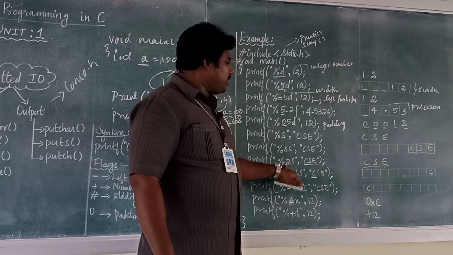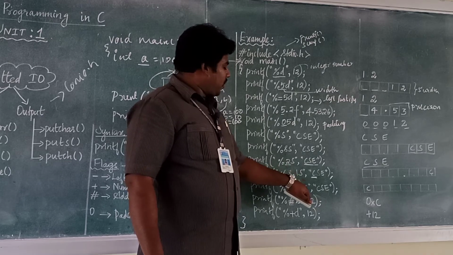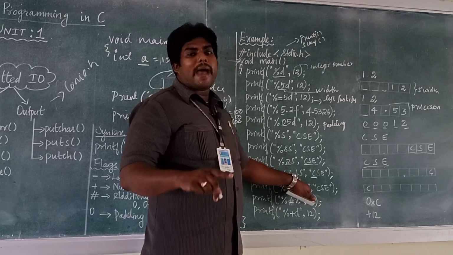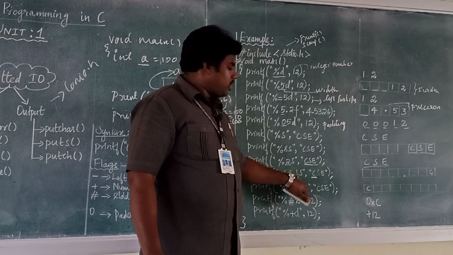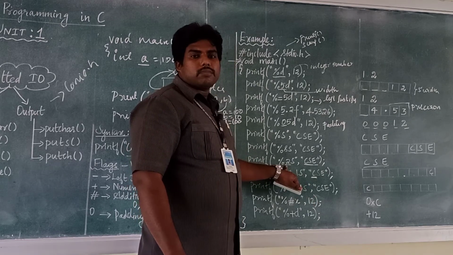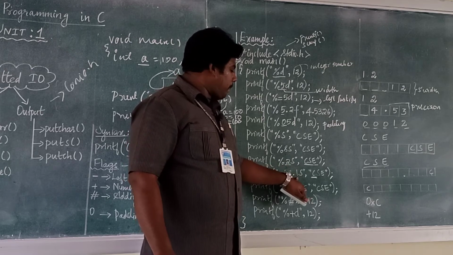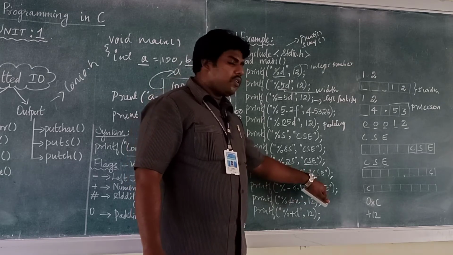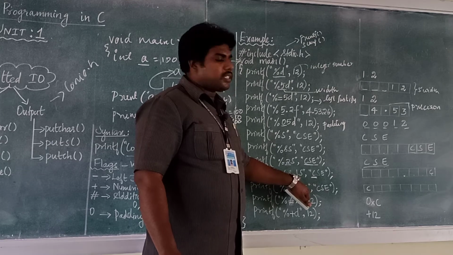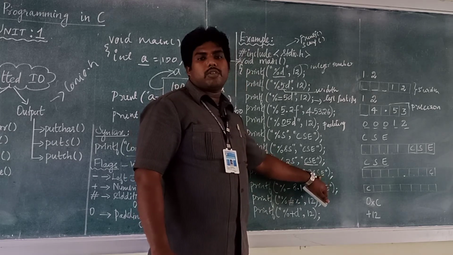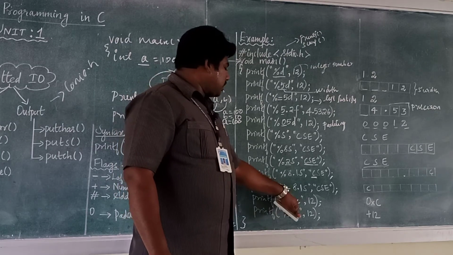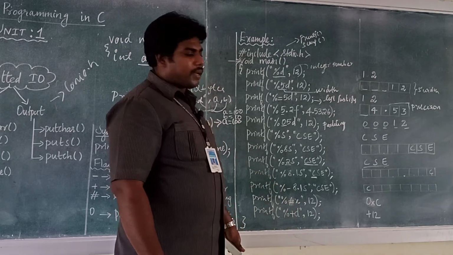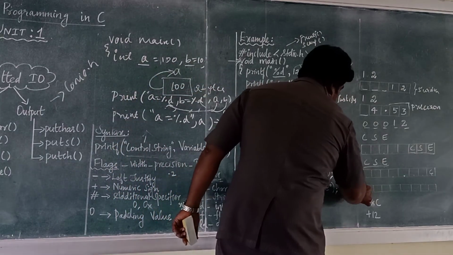Width is the minimum and adjusts to take the input. If you give the precision, it is the maximum; apart from that it won't take more. If the precision is 2, 2 characters will be taken. Now minus: if you put the minus, it will be left justified.